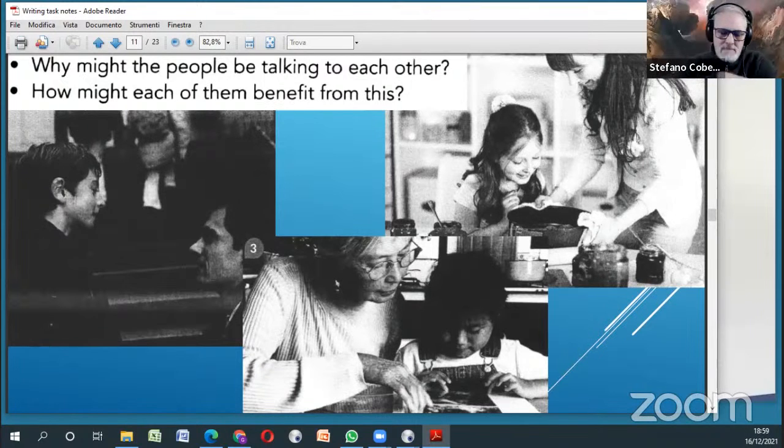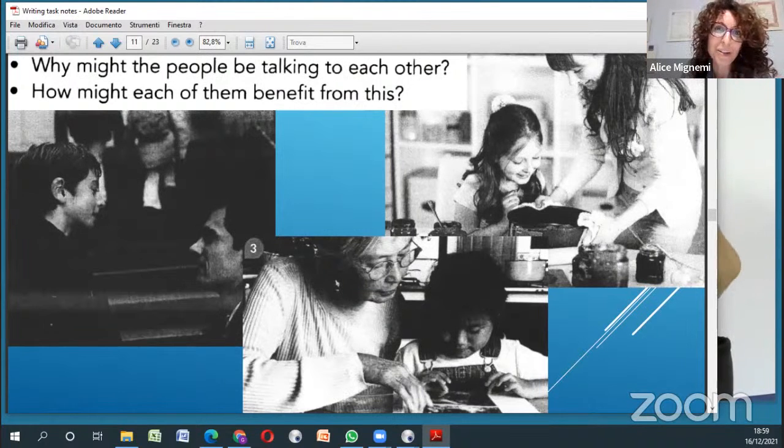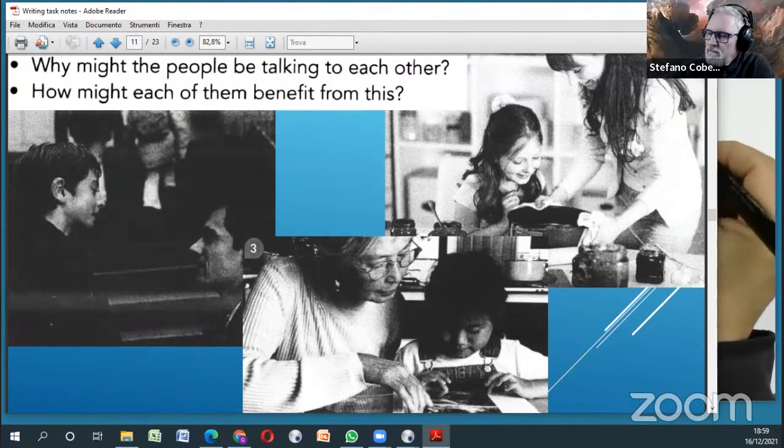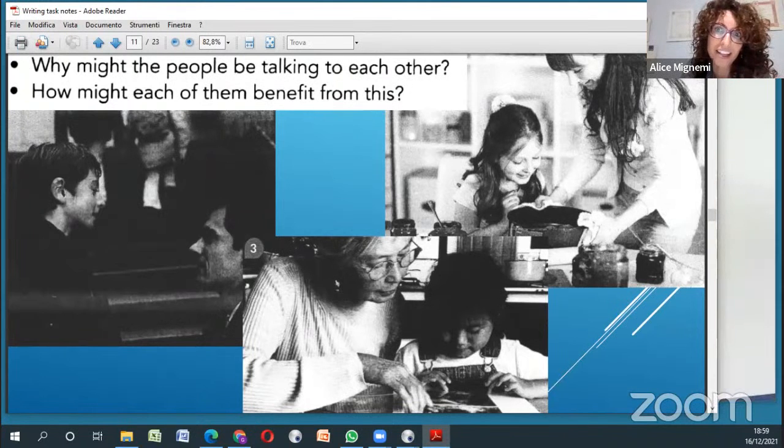It could be. So the benefits could be that the daughter is learning how to prepare biscuits, cookies, and her mother can use her daughter's creativity, because sometimes children can suggest something different, something particular, to prepare biscuits in a different way.